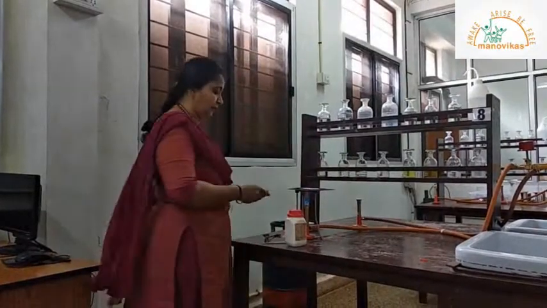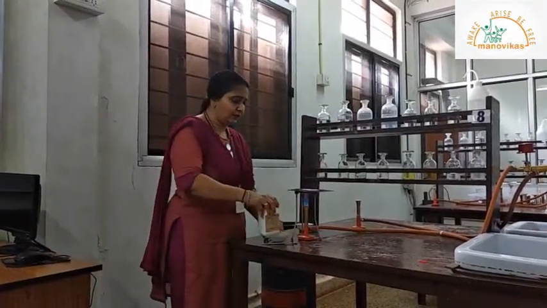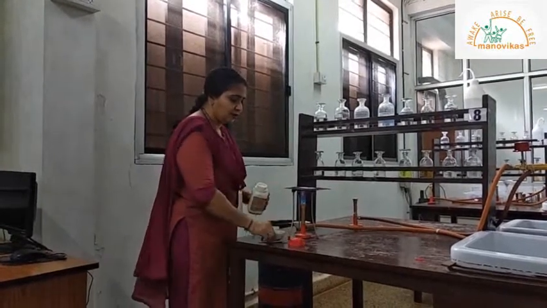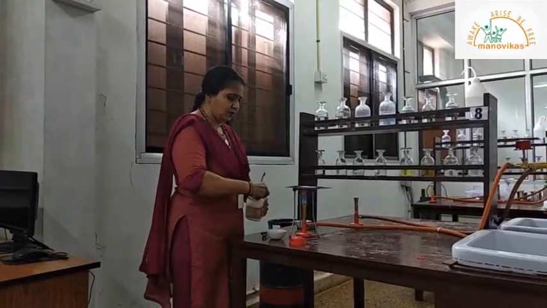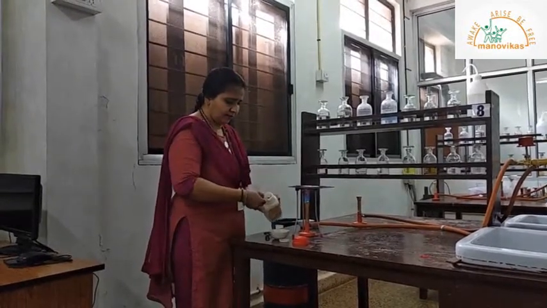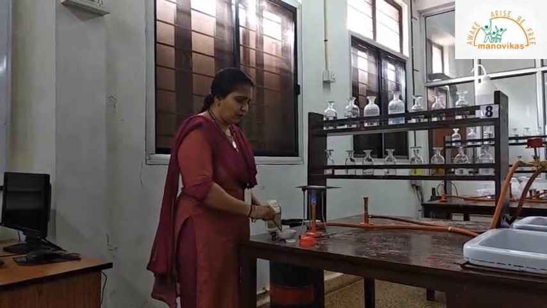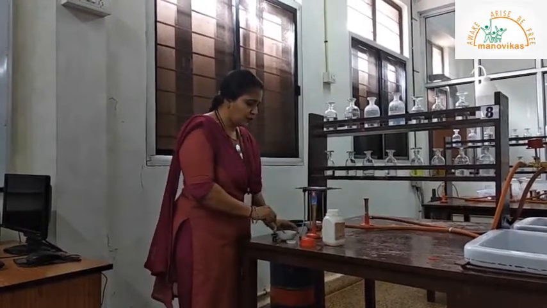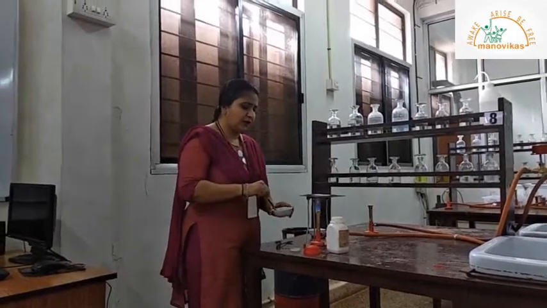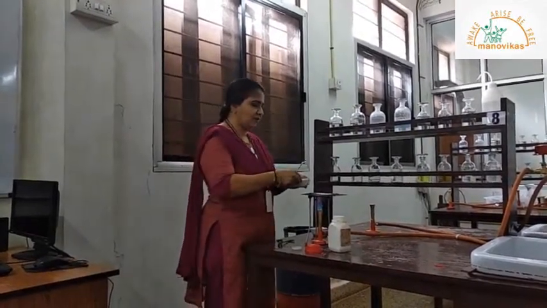So I am taking water, that is the liquid, and I am adding salt, that is sodium chloride. I'm going to mix this. What happens in evaporation? The liquid state is converted into gaseous state.